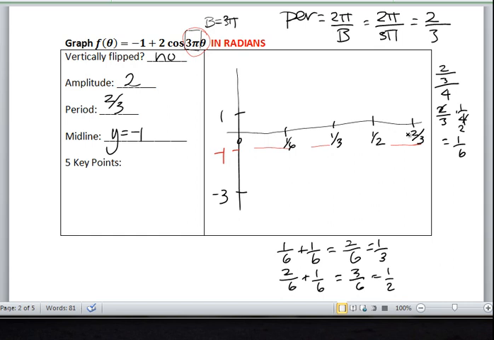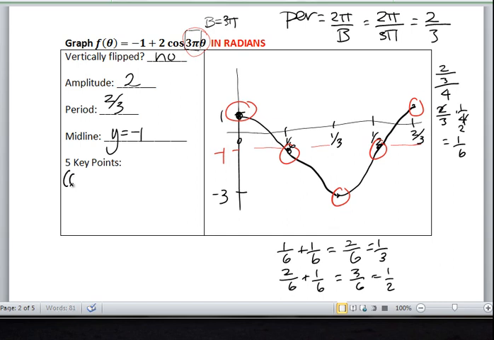Alright, so this is positive cosine, so we're going to start at the top, go to the midline, down to the minimum, back up to the midline, and back up to the max. Okay, and so let me circle our 5 key points so I can write them down. This time there are no pi's, no angles. It's okay.